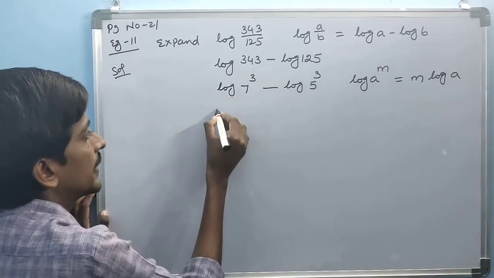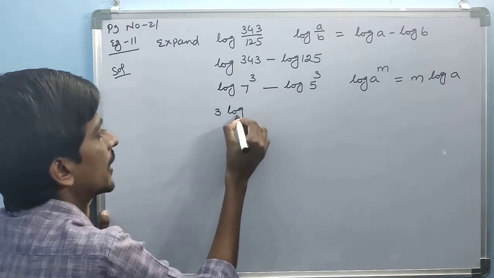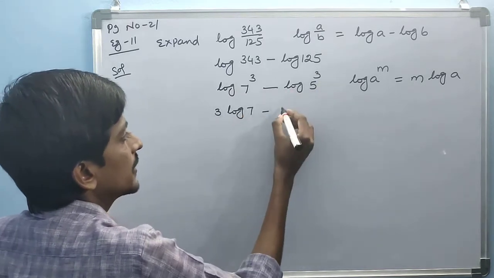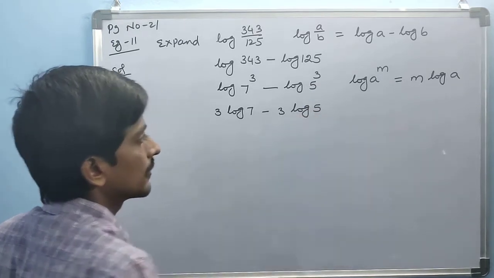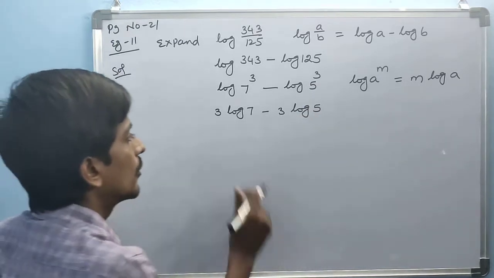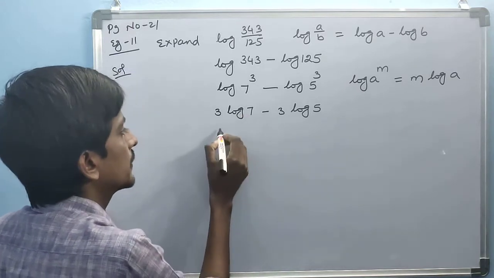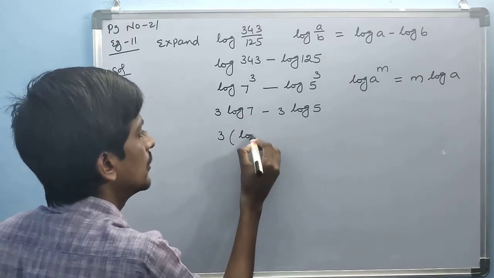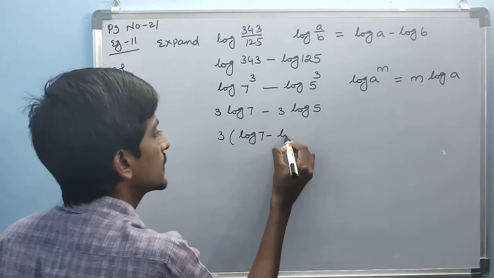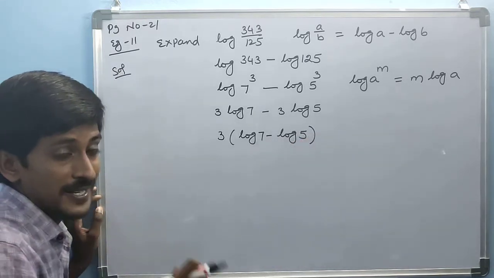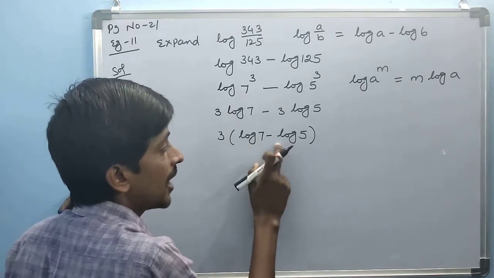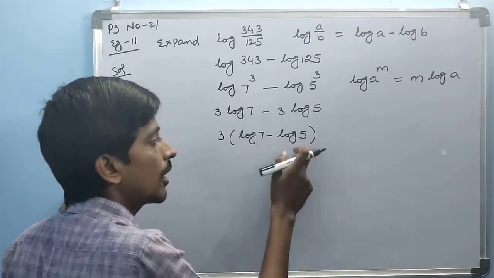So this can be written as 3 log 7 minus 3 log 5. Now what is common in both? 3. 3 into log 7 minus log 5. That's it. Somebody writes log 7 minus log 5 as 7 minus 5, 2, so log 2.